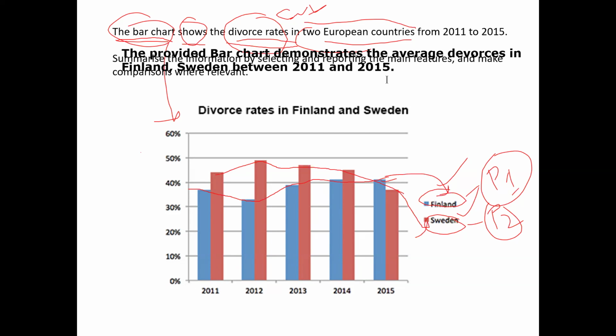In fact, it seems to you that Sweden increased, but Sweden has decreased. Can you see? Over the period, Sweden has decreased. Yes. While Finland increased. It went up. So make sure that you clear yourself on which one has increased and decreased.